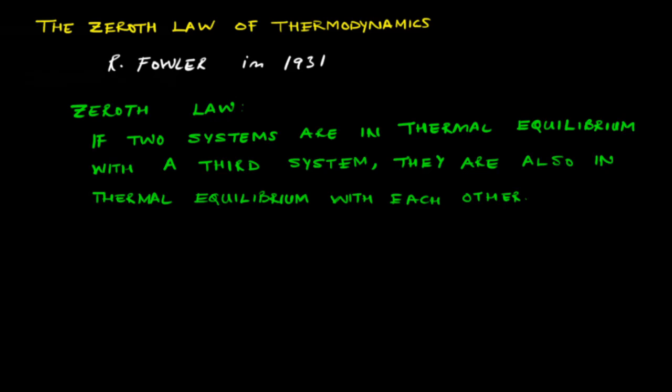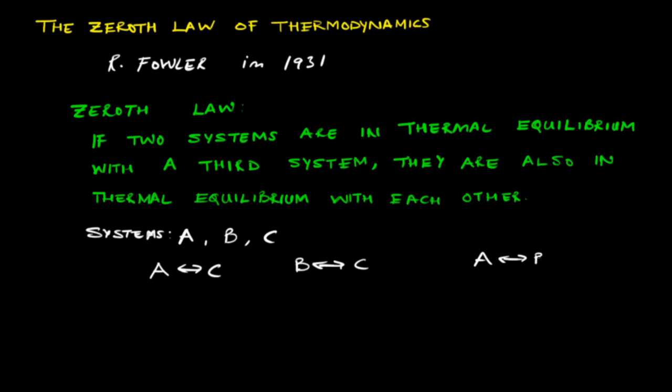In other words, if you have three systems, let's say A, B, and C, this statement of the zeroth law says that if A is in thermal equilibrium with C, and system B is in thermal equilibrium with system C, then A and B are in thermal equilibrium. So this is what this law states.